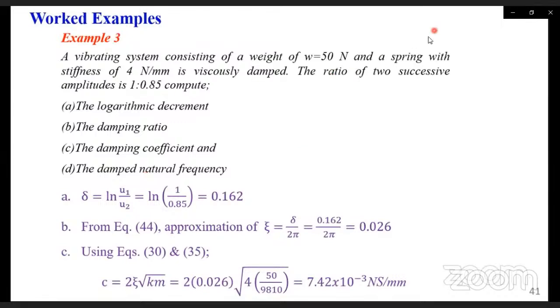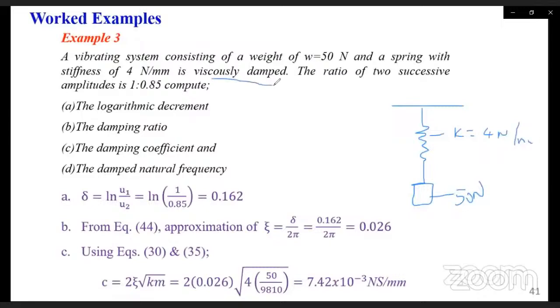So in this case, a simple problem: there is a system with a weight of 50 Newtons suspended by a spring. The stiffness of this spring is equal to 4 Newtons per millimeter.